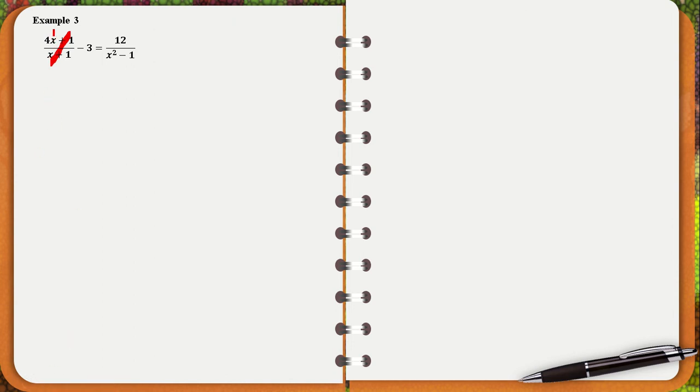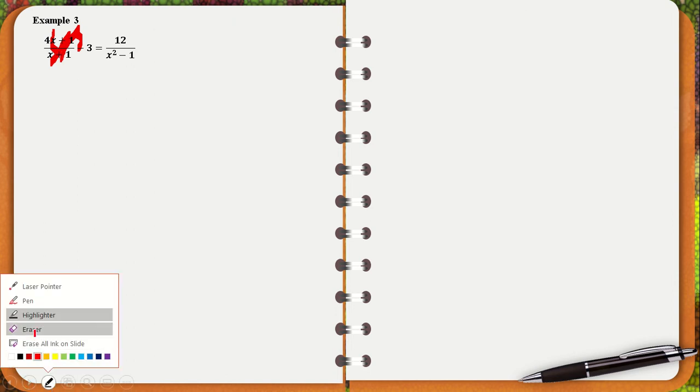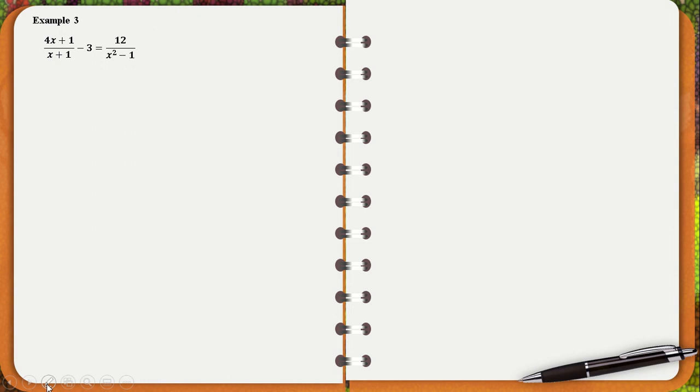Kung may parenthesis yan, 4 times the quantity x plus 1, you can cancel that. Pero kapag wala, hindi po natin pwedeng i-cancel yun.